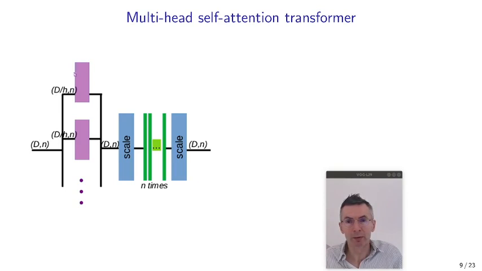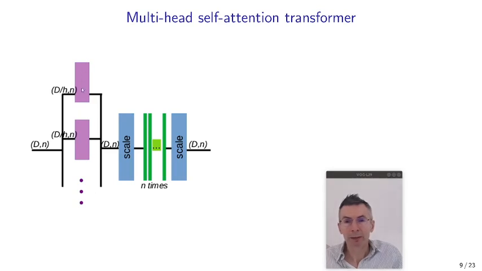So what you end up with is called a multi-head self-attention transformer. You have multiple heads here, each of them processing a part of the 2048 dimensions that we have. And that obviously very much reduces the number of parameters that we have in here, because instead of having a huge attention matrix, we end up with a smaller one.